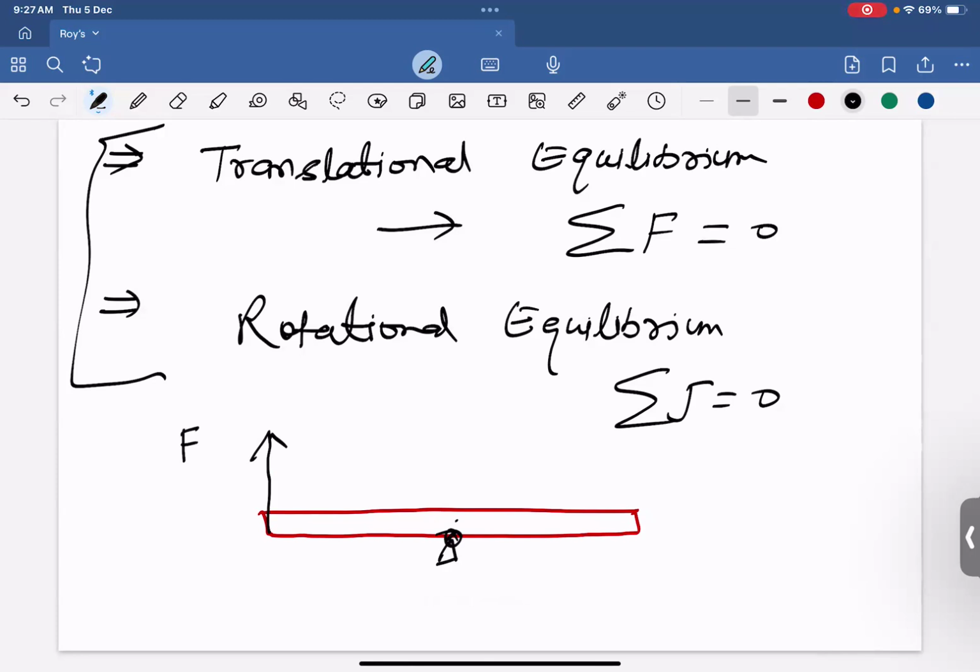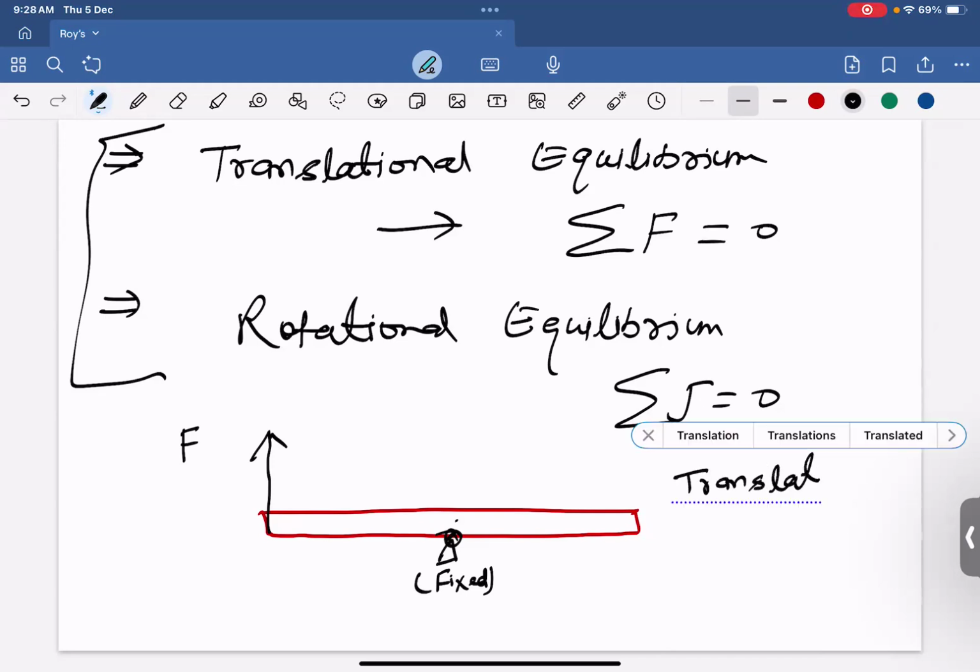Do you think it will move? It will not move because the rod is fixed. Am I correct? Yes. So it will not translate. So it is in translational equilibrium. There is no doubt about it.